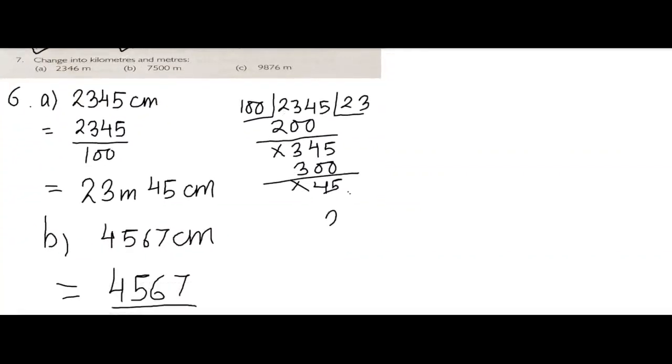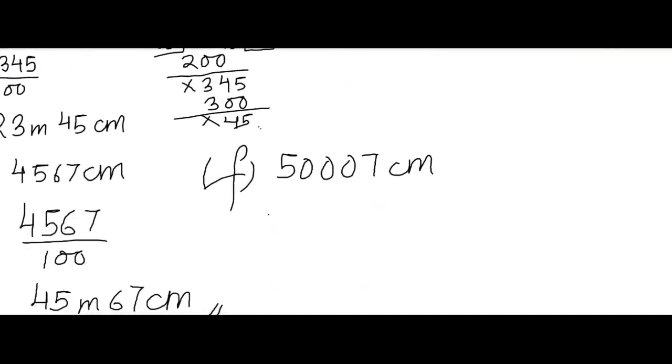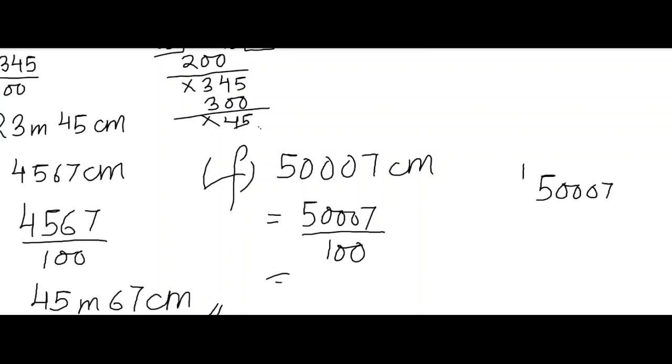So F I will do for you. The question is 50,007 centimeters. To convert into meter, let us divide 50007 by how much? 100. Okay, so 50007 by 100. If you divide it, 100 5s are 500.